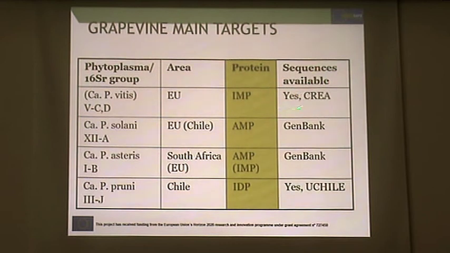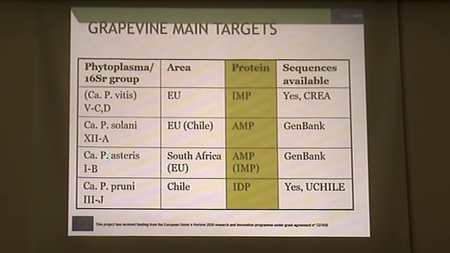And yes, we have the sequence. One is published from Torino, but the others, most of them, 40 of them, we have here at CREA. Candidatus Phytoplasma solani, which is in the EU, in Europe, and sometimes in Chile, has the AMP protein, which is in GenBank actually. A lot of them, I think 40, 50 of them, a lot.